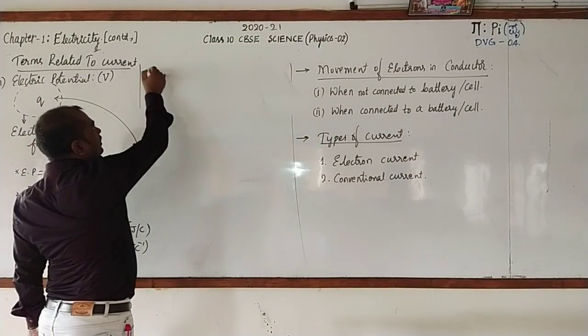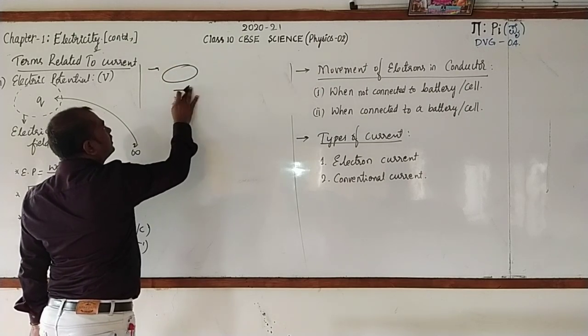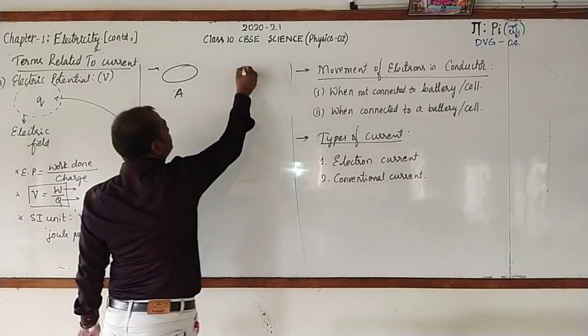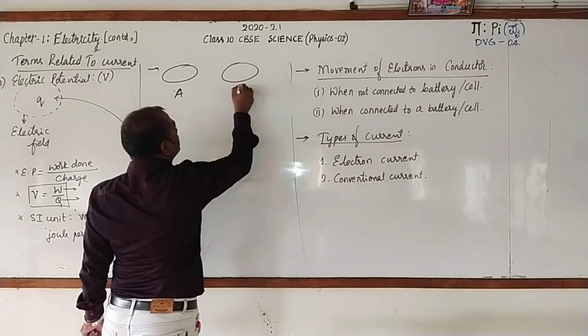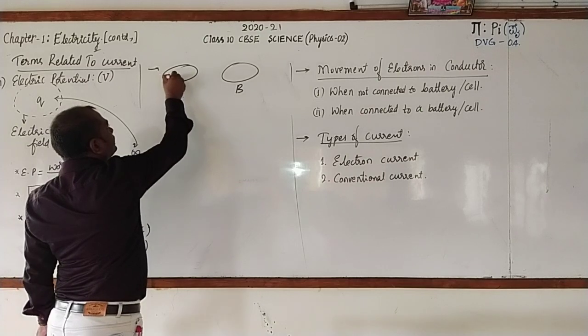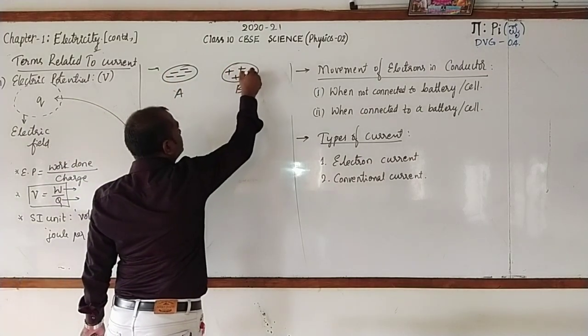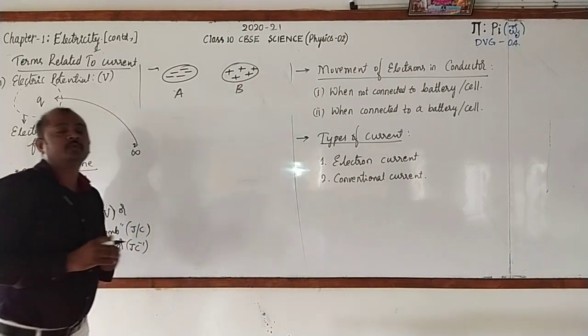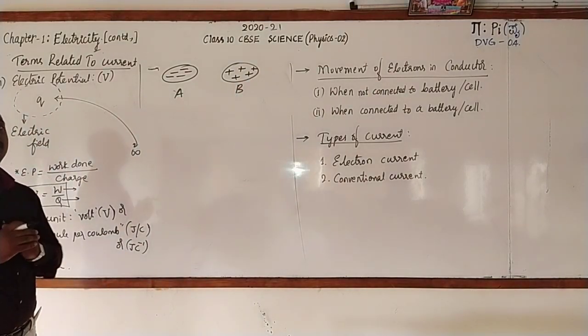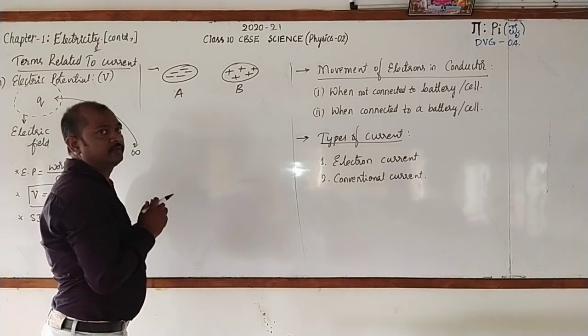Here I draw two bodies and call them A and B. This is the first body and the second one is body B. One has negative charge, the other has positive charge. Which one is at higher potential and which one is at lower potential?